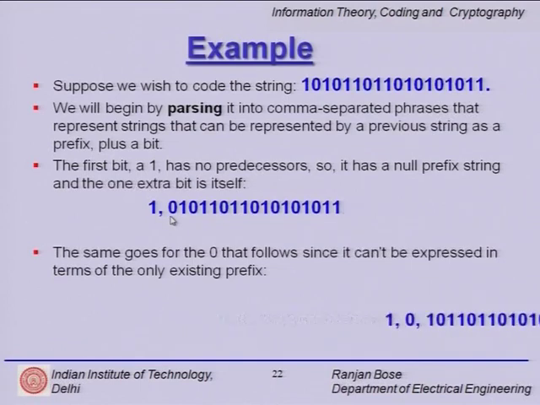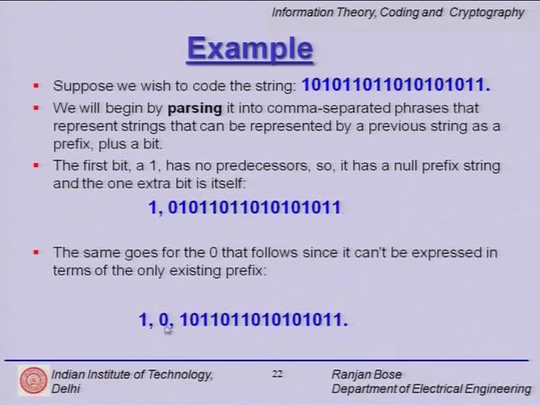So we put the second comma after this 0. What it means is this 1, right in the beginning, we can't really express in terms of any previous bit; it is actually starting off with a 1 and a 0. In some realizations of Lempel Ziv, we already assume 1 and 0 to be the first two entries of your code book, but here we are starting from scratch.